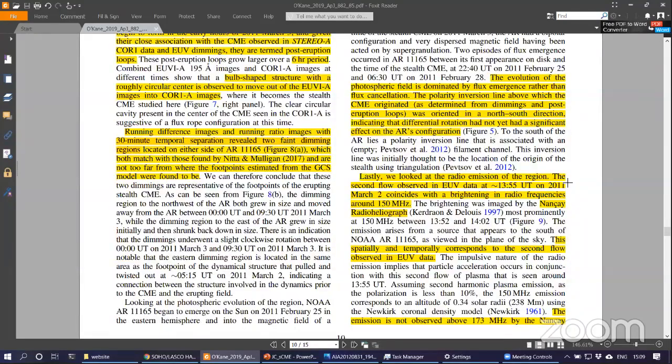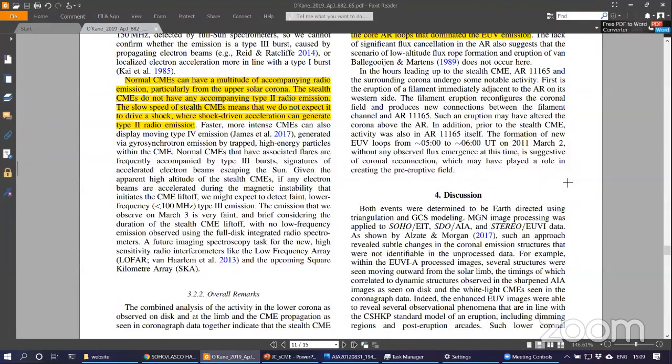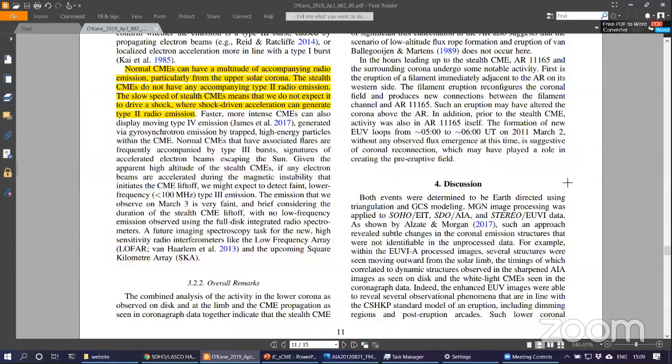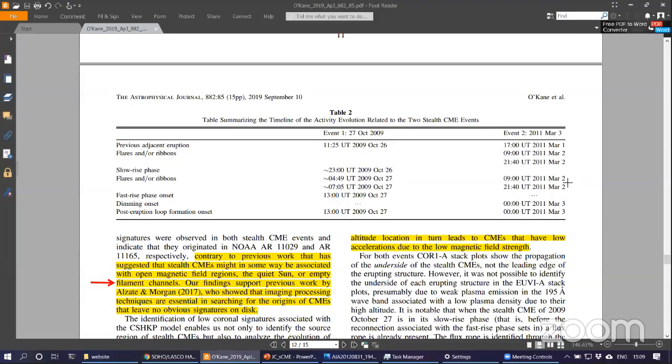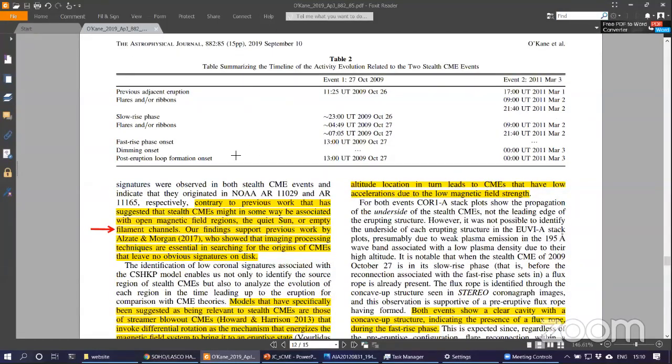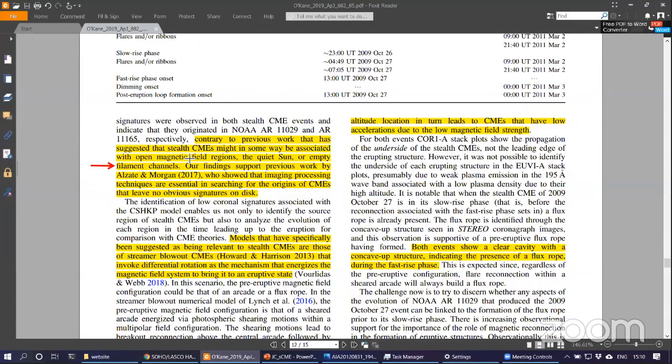Okay, thanks. So moving to the discussion part. Why was this work important? Previously, these stealth CMEs were associated with the open magnetic field or the quiet Sun, because the quiet Sun is believed to have a weaker magnetic field as compared to an active region, so the CME can easily propagate without showing any signatures.